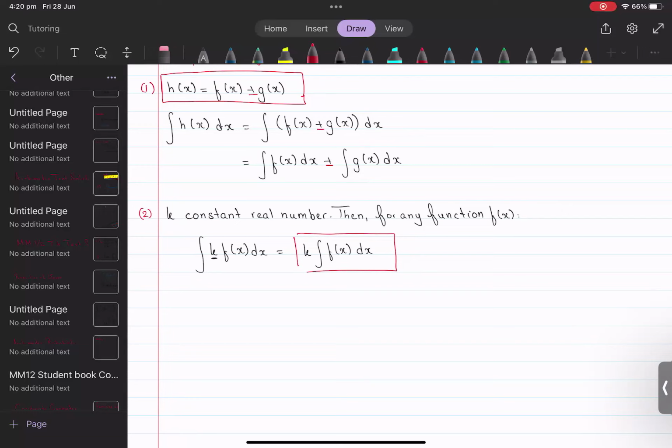That's a really, really important result that's used in a whole variety of areas, including finance and economics and physics and engineering and a whole bunch of other things. But there's more on that in the coming videos.